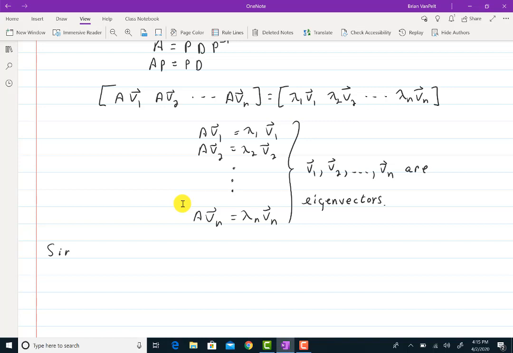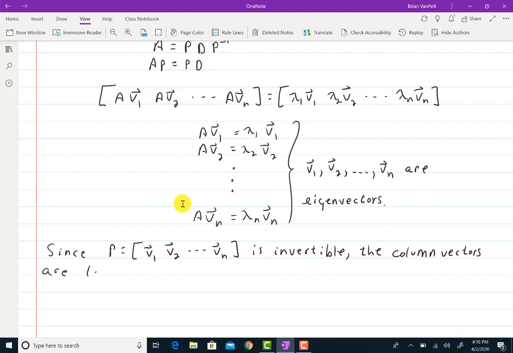Because P equals v1, v2, up to vn is invertible, so the column vectors are linearly independent.